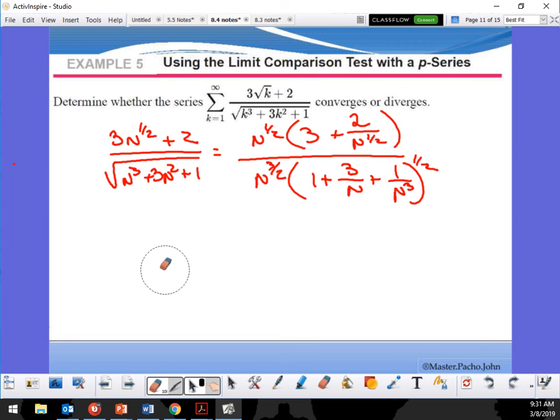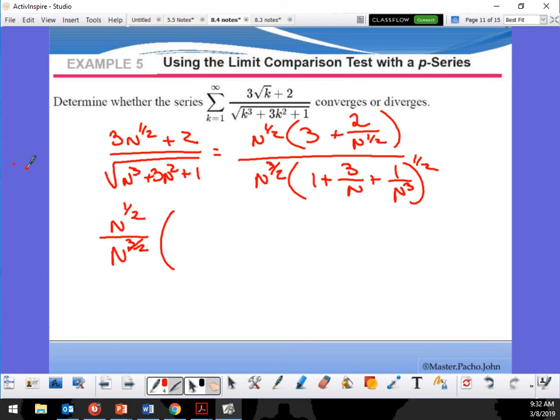There we go. All right, so I'm going to compare this to, let's take a look. Looking at this with my leading coefficients, I'm going to have n to the 1/2 over n to the 3/2. Now as I take the limit of this other nasty piece right here, I have to look at the leading coefficient.